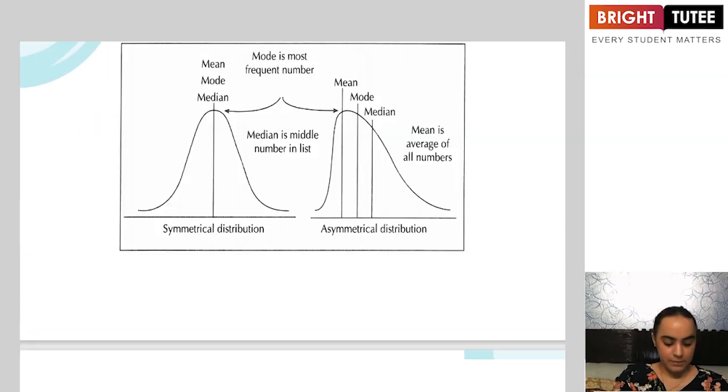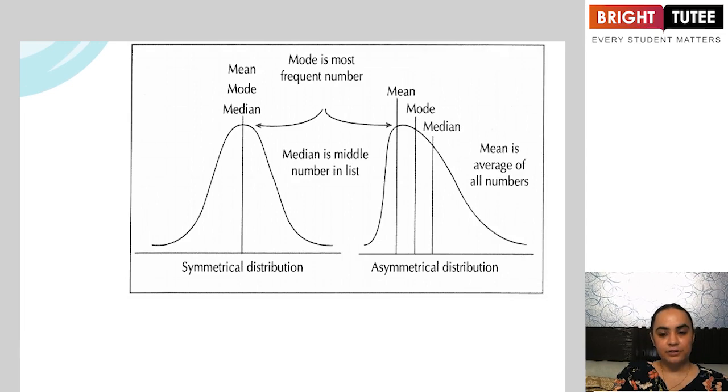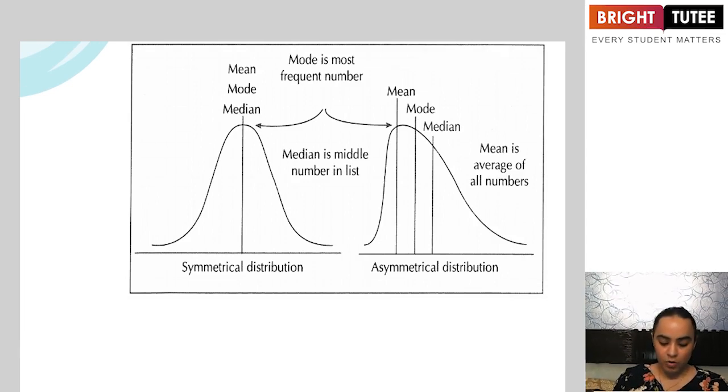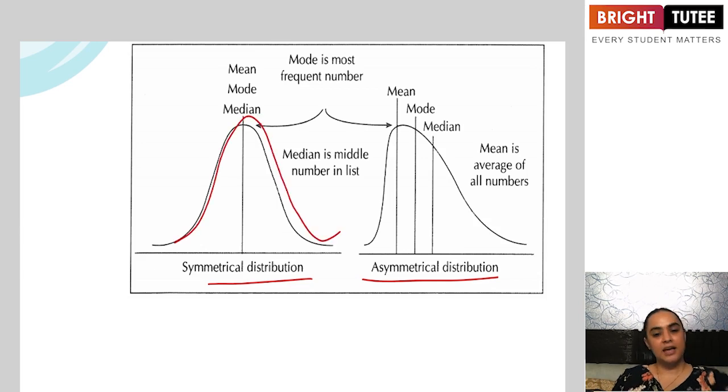Now, what is mean? If you look at this diagram, be it the symmetrical distribution or the asymmetrical distribution. Symmetrical, as you can see, there is an evenness, and asymmetrical has got no evenness. Mean refers to the average of all the numbers. Median is the middle number in the list.